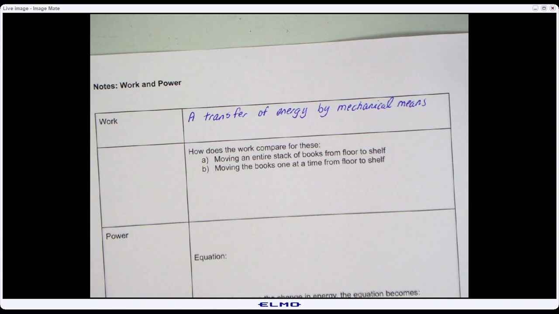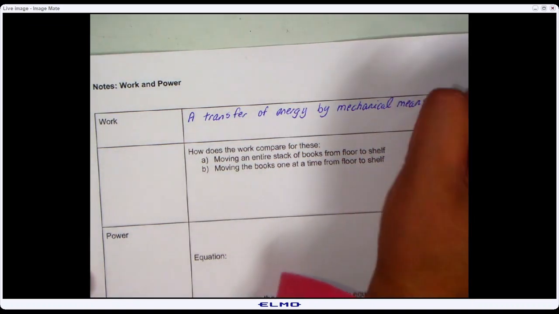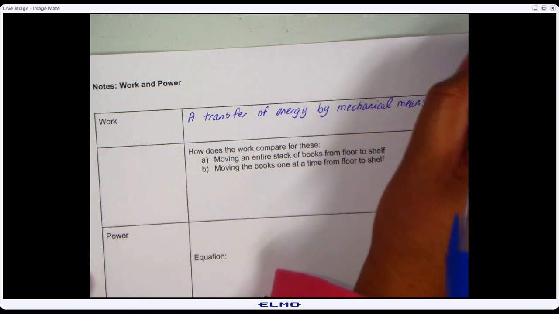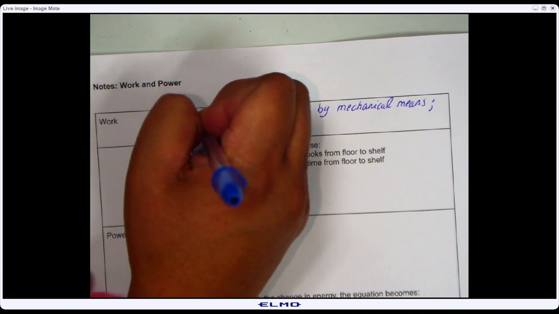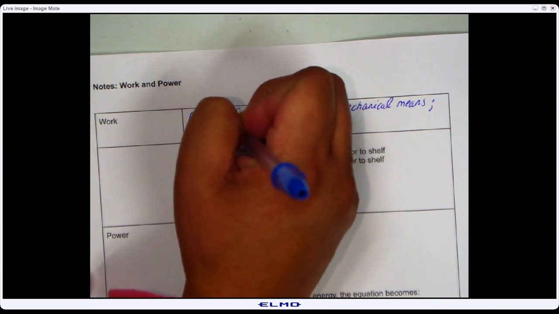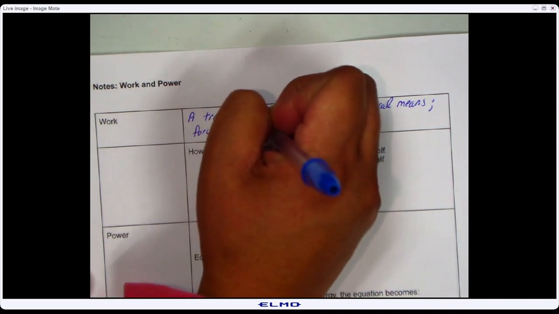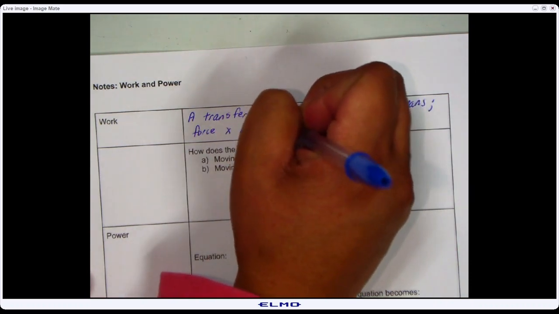You're using it to do something, all right? As far as your calculation, it is the product of force and distance that are parallel to each other. So I'm just going to put that work equals force times distance, parallel to each other.